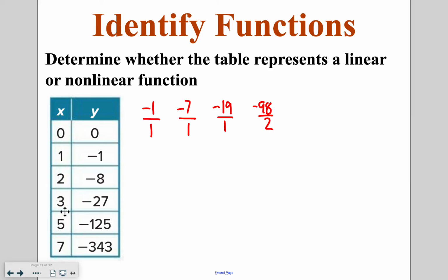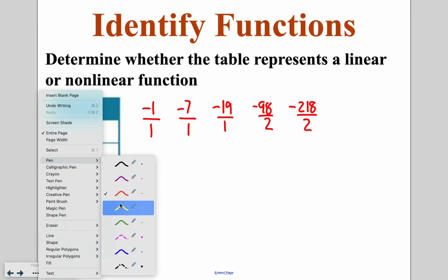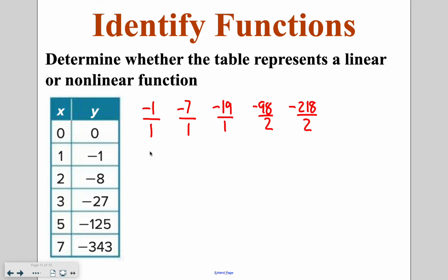And then our last one, we've got negative 125 to 343, which is a change of negative 218. And again, our change is 2. So looking at all of these different change values, if it is linear, these values will be the same. If it is nonlinear, then our values will be different.